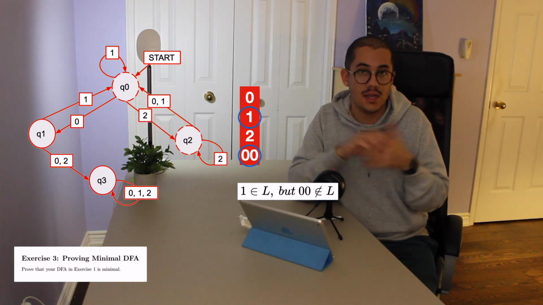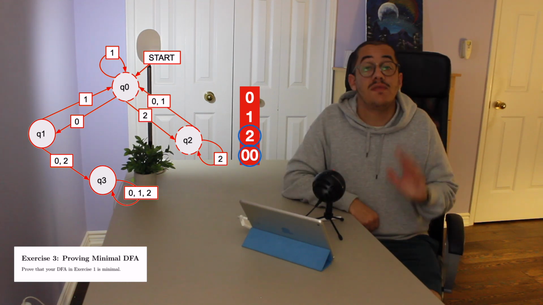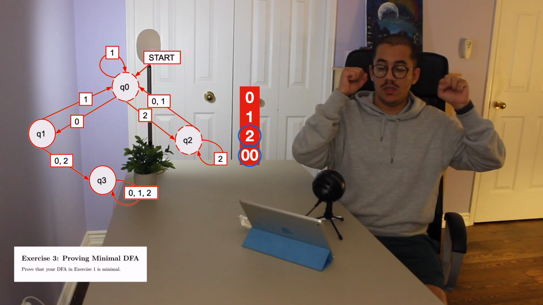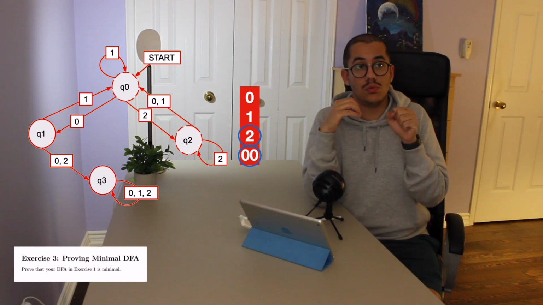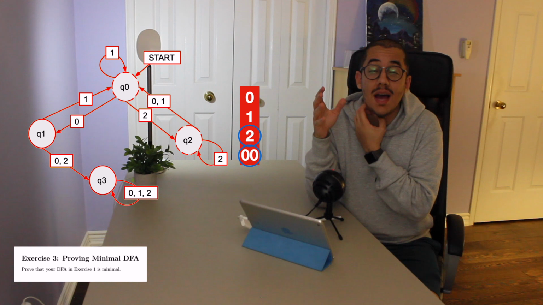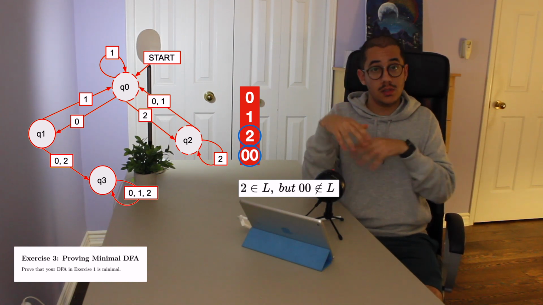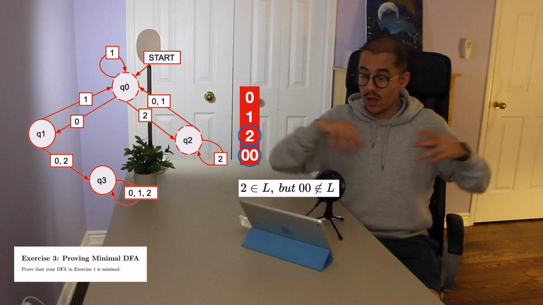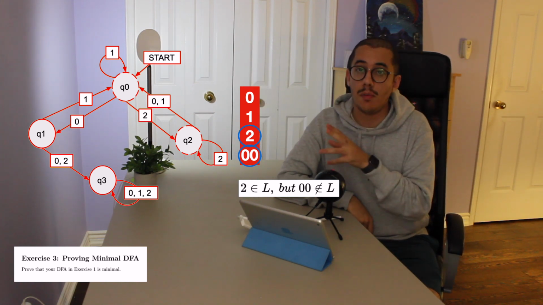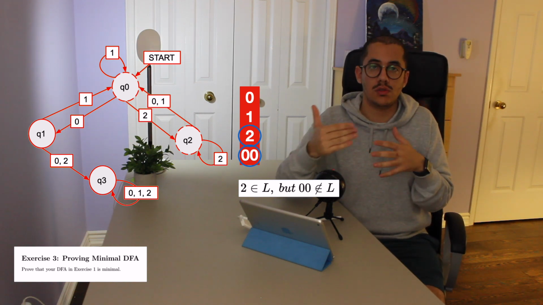We've used epsilon as a suffix here between the two. And finally, if I grab 2 and double 0 and try to compare them, it's the same thing. The suffix epsilon is the one that distinguishes both. 2 is part of the language because there are no zeros in sight, but double 0 is not part of the language because it doesn't satisfy the rules that it needs to.